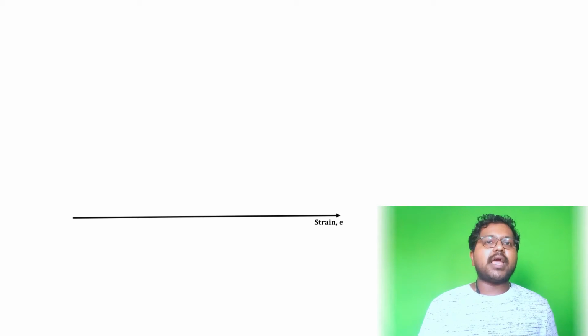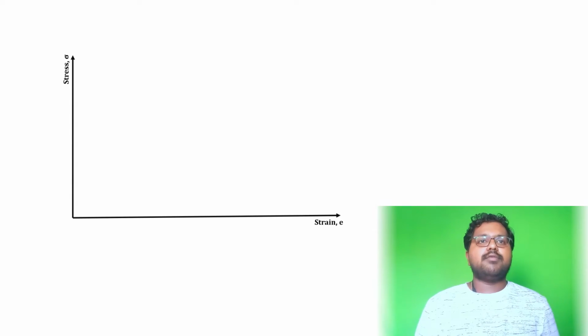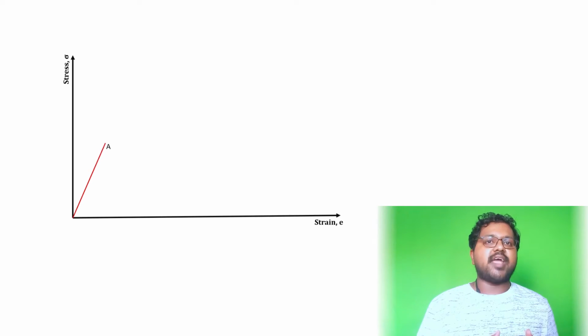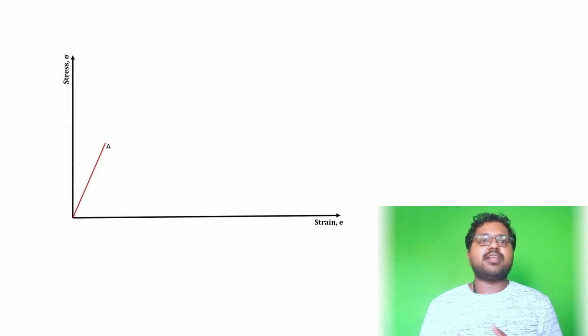If we see the stress-strain diagram for mild steel, which is subjected to tension in a tensile testing machine, the strain is plotted along the horizontal axis, while the stress is plotted on the vertical axis. With the application of gradual loading, the diagram begins from 0 with a straight line up to the point A, in which the stress and strain relationship is linear.